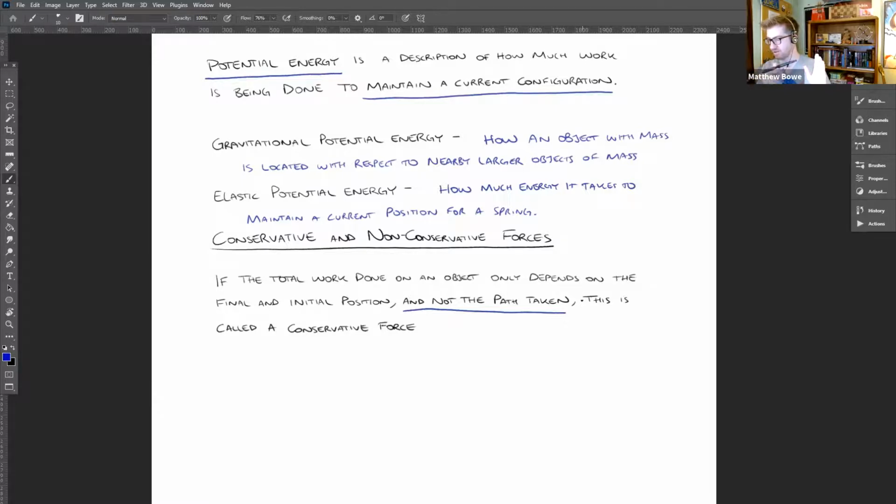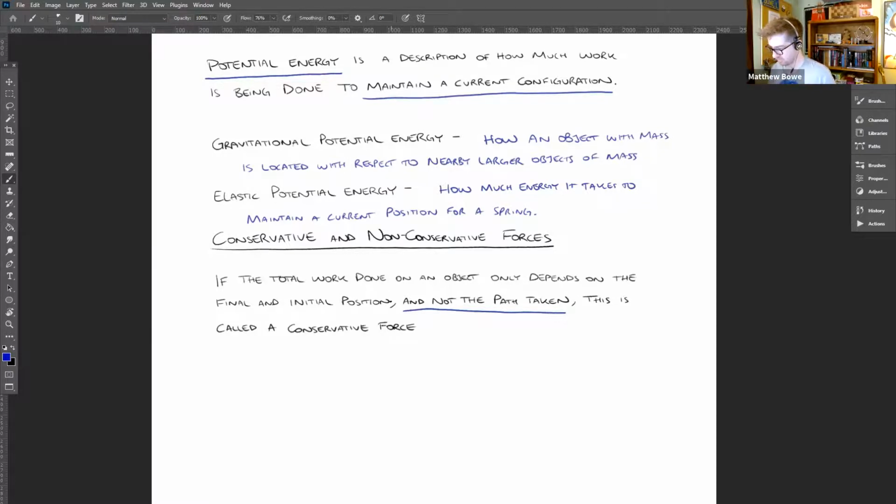That was a negative amount of work. If the path that I take does not matter, only the final and initial position, this is called a conservative force. So it's like no extra energy was needed. All of the energy that I put in, I got out. The energy was conserved.